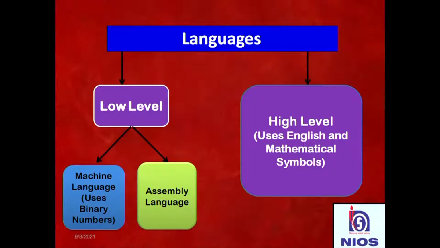Low level language is again divided into two parts: machine language, which generally consists of binary codes or binary numbers, combinations of zeros and ones, and the other part, assembly language. Then the high level language consists of English and mathematical symbols.